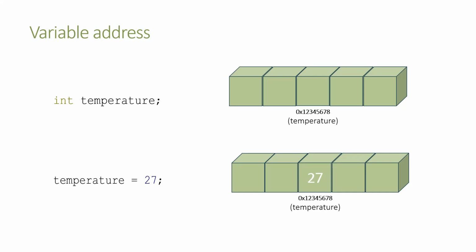We don't need to bother with that. Instead, we just use the name temperature whenever we want to store or change its value. So, if we want to set it to 27, we just write temperature = 27, and that's it. It's a pretty handy way to work with data without getting lost in all the memory address stuff.